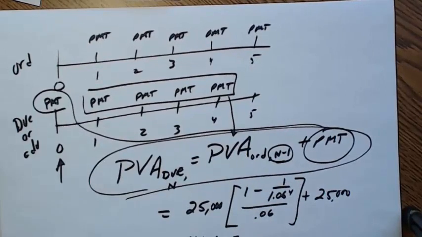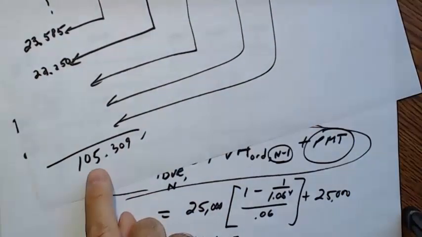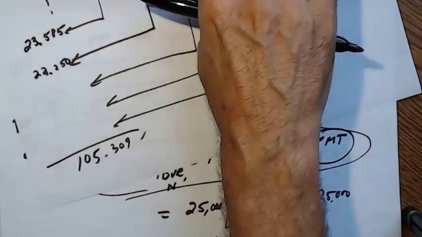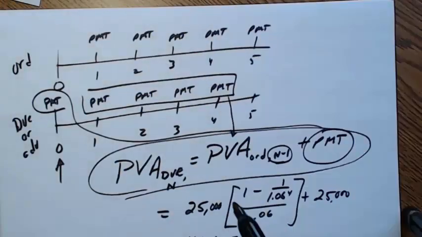Okay, 111. Look, you'd rather get your payments sooner rather than later, so it's worth a bit more. Everything's shifted back a year with the ordinary annuity, but with the present value, you're happy because you get your money right up front. And so it's worth 111. So you get an extra 6,000 out of it, which is good.